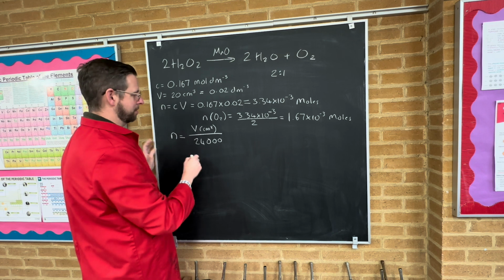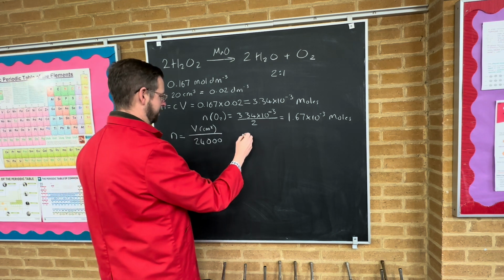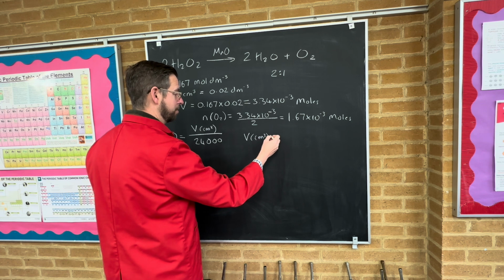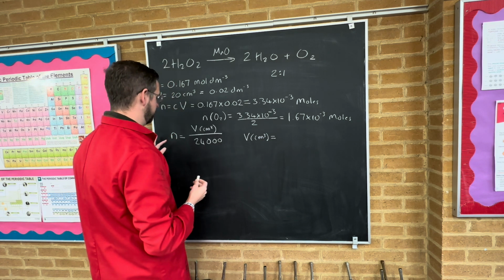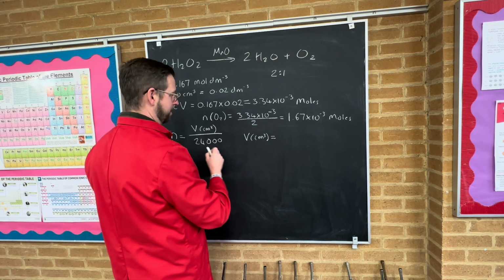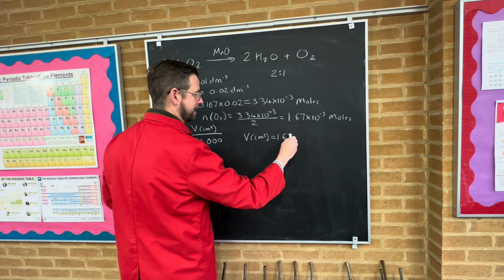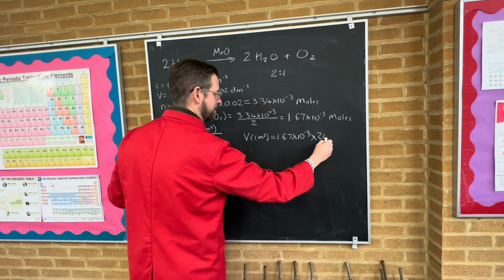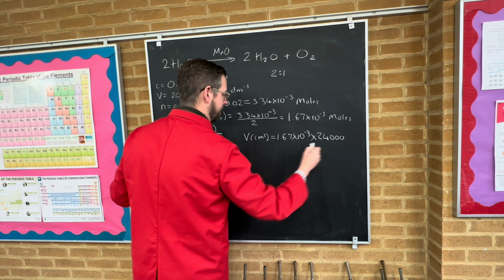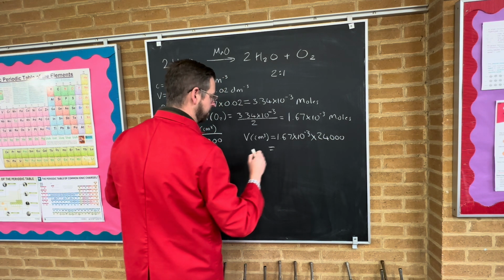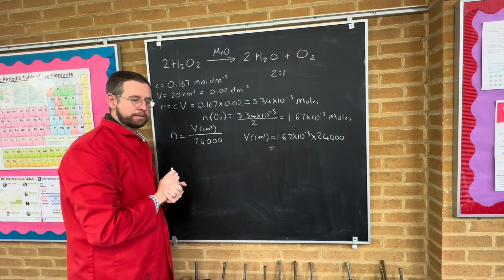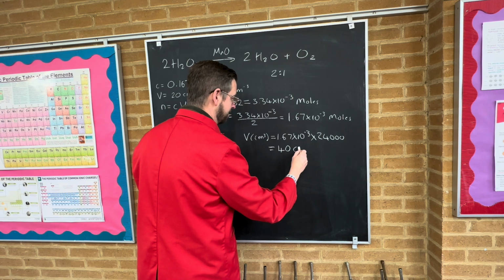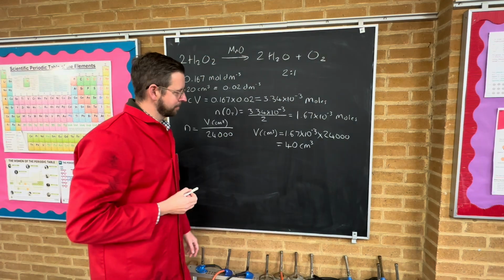So we can substitute in our value, so that the maximum possible volume if all of it reacts would be equal to n times 24,000: 1.67 times 10 to the minus 3 times 24,000. And so therefore my maximum volume is 40. I could get 40 centimetres cubed if it all goes.